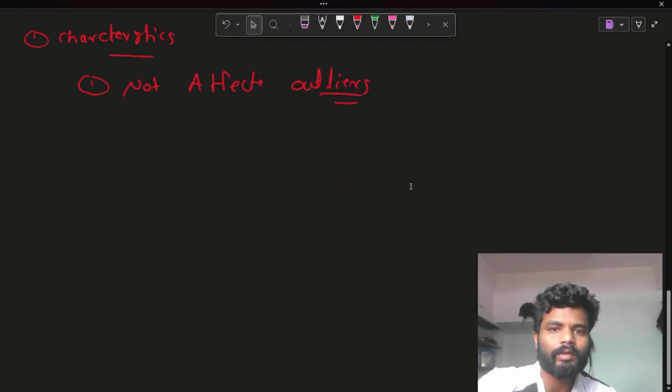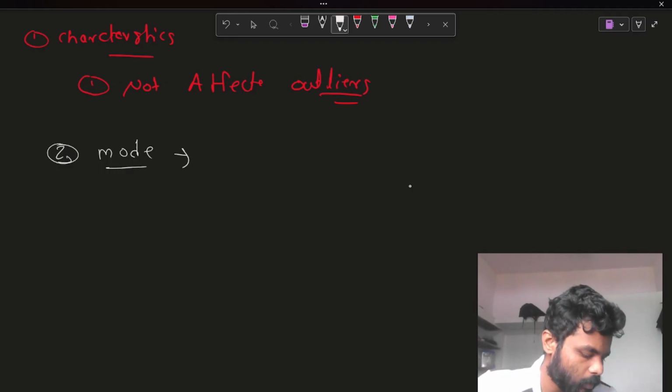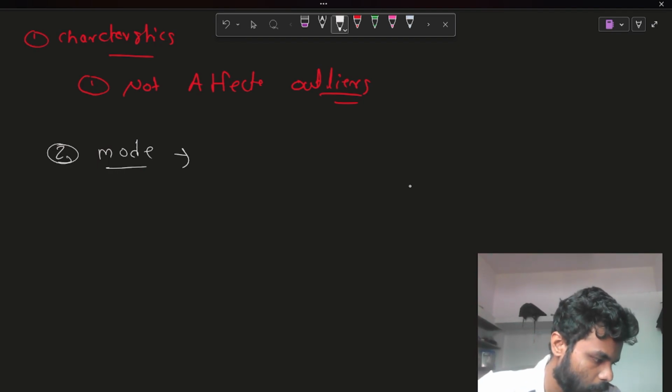The third one is the mode. In simple terms, what is the mode?